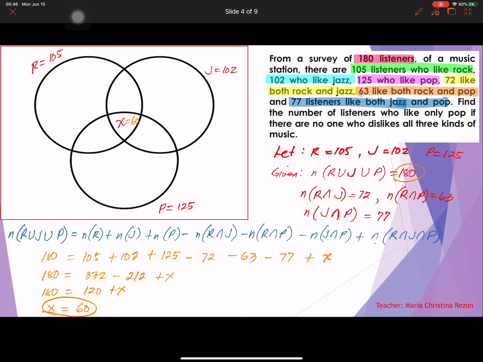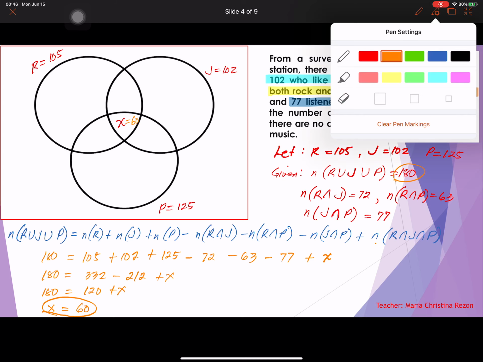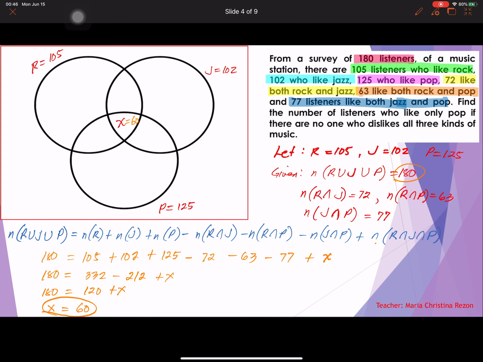Then we can say that, okay, this part here is 72 minus 60, that is 12. This one, jazz and rock, is 12. Rock and pop, that is 63, so this is 3.